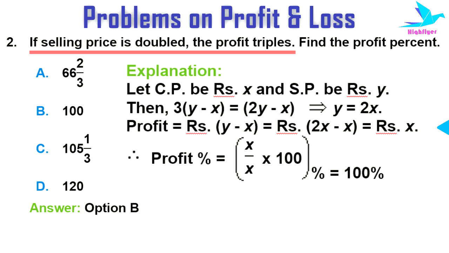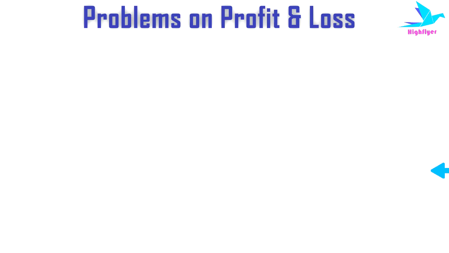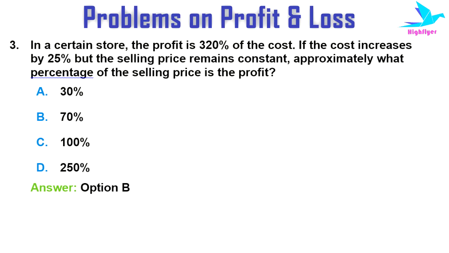Now as profit equals Y minus X, we'll replace the value of Y in this equation with 2X. That is equal to 2X minus X, that is equal to rupees X. So the profit percent is X by X into 100, that is equal to 100%.